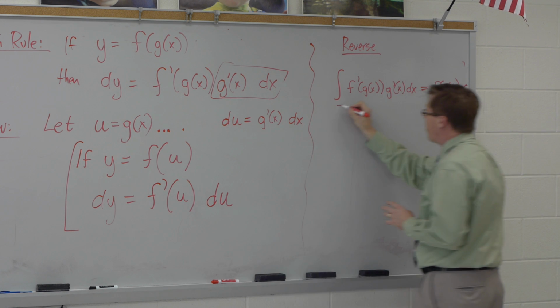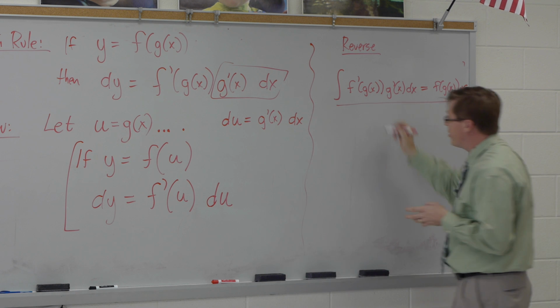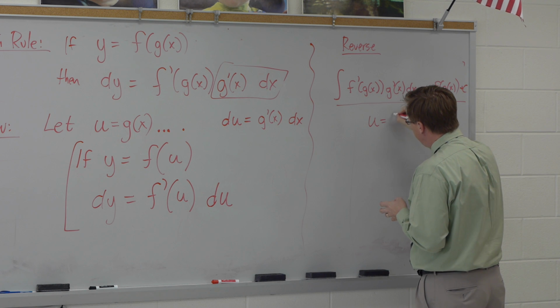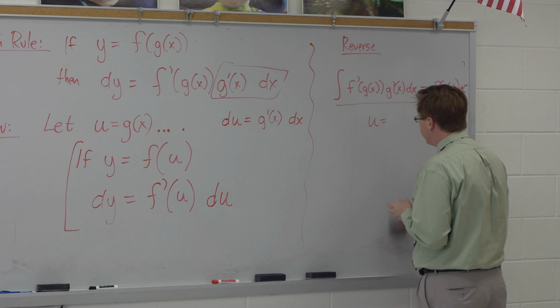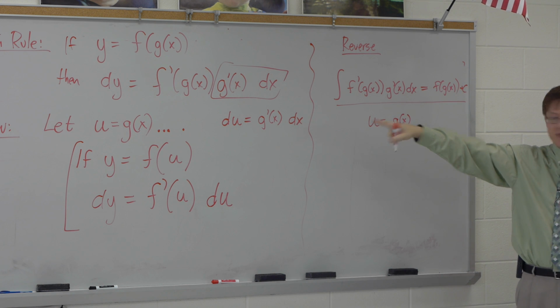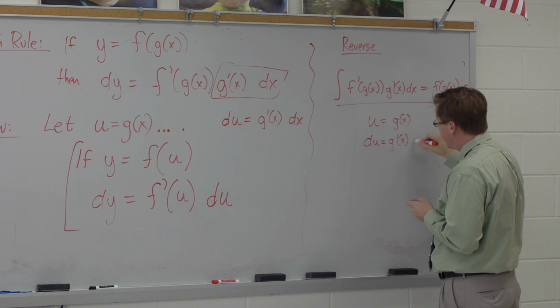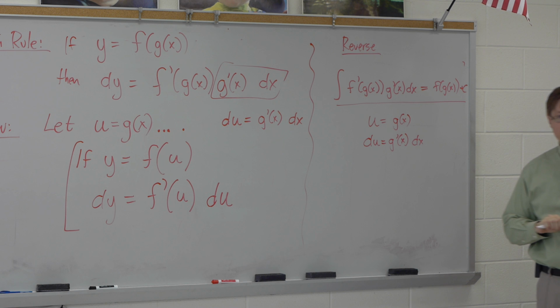So let's imagine you are given a problem like this, but it's hard to integrate, it's hard to tell what's what. Well, I'm going to define u as g of x, just like I did before, because we're still reversing this. So du is g prime of x dx.